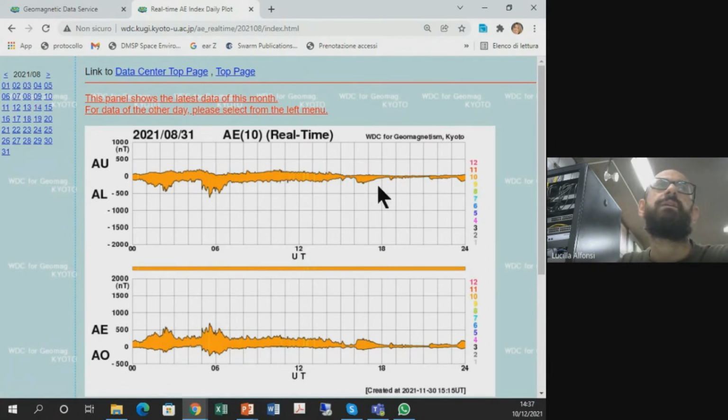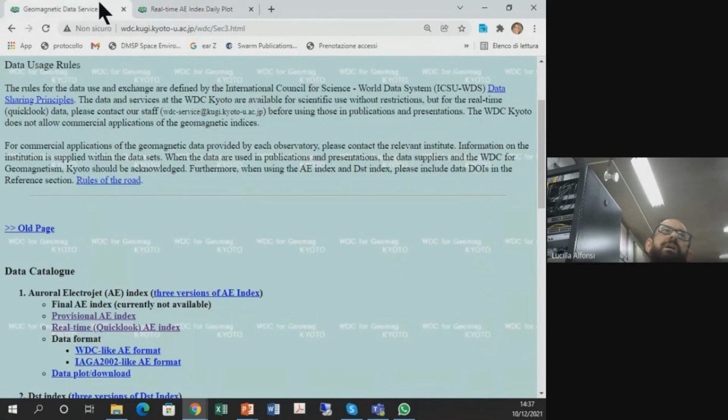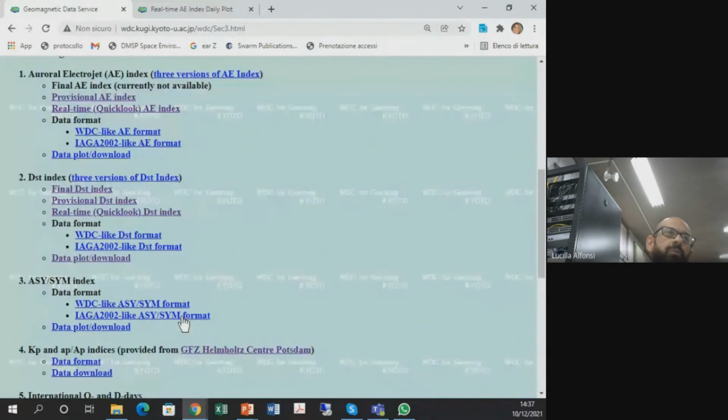Just to recall, we can consider the Aurora Index disturbed when it is more than 400 nanotesla in absolute value. So this Kyoto data center is a very useful one for the geomagnetic indices.